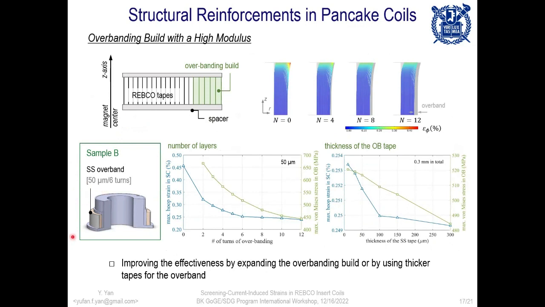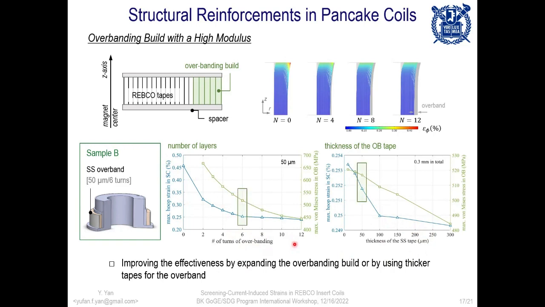The 2 figures on the right show the effects of the total overbanding belt on the left and the thickness of the overbanding tape. We can see that the maximum hoop strain, especially in the superconducting winding pack, which is the blue line here, can be reduced by expanding the overbanding belt or by using a thicker tape for the overband.